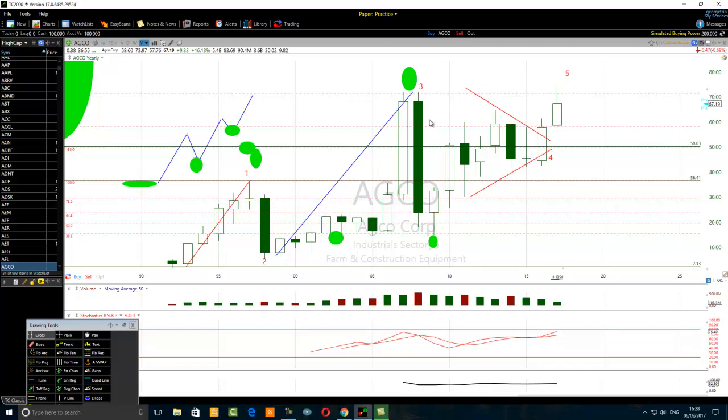But in this particular case, something has changed, because if the fourth wave has overlapped the first wave, think of distortion. It may not be a distortion. It can be a distortion. If it is a distortion, then we will expect a correction, price rectifying the distortion, and then we look for a new fourth wave.